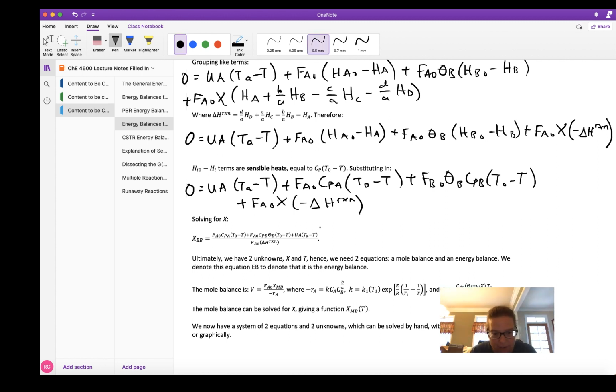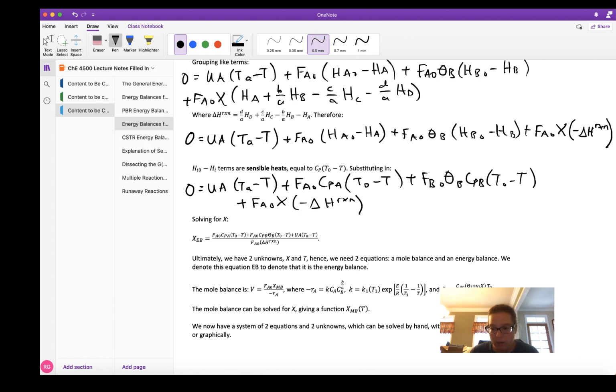Let's solve for x. If we do so, this is what we get. The conversion is equal to the sensible heat change of A plus the sensible heat change of B plus the heat exchanger, the amount of heat removed from the heat exchanger, divided by the heat given off due to the reaction. So ultimately in this equation, we have two unknowns. One is the conversion, the other one is the temperature.